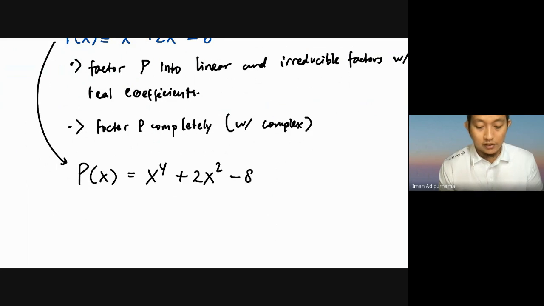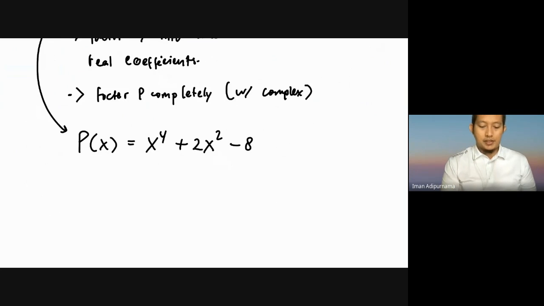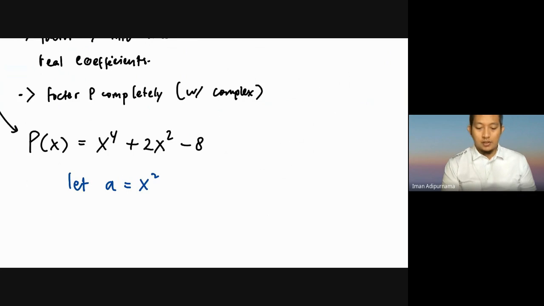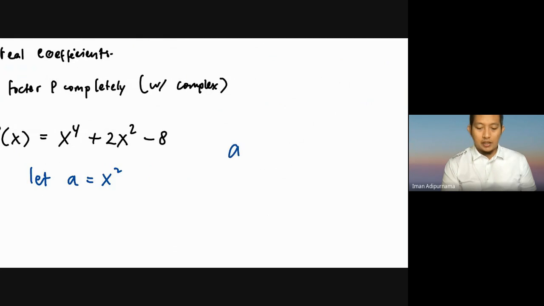Let's just find the factors. How to find the factors? First, let's say we have a is x squared. So if I have a is x squared, then I have a squared plus 2a minus 8. This way I can factor it, right?